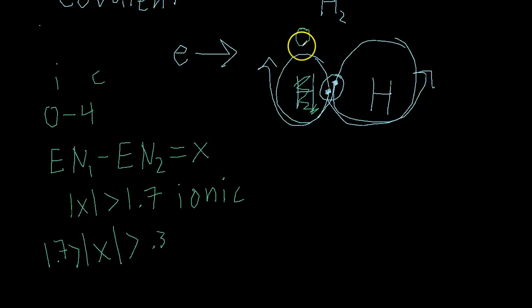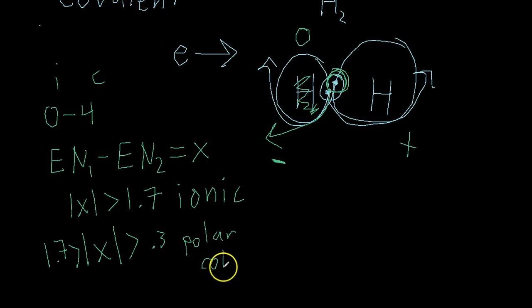Now, oxygen has a much higher electronegativity than hydrogen, so this electron over here from the hydrogen would tend to spend a lot more time over here with the oxygen, leading to a sort of negative pull over here and a positive over here. And this is what we call a polar covalent bond.